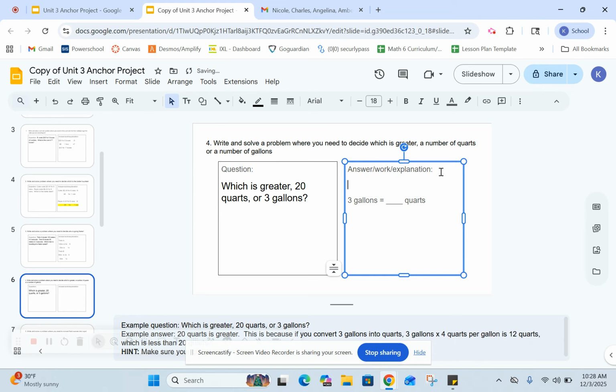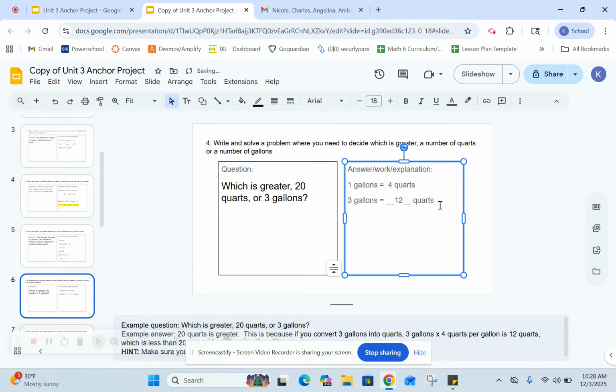So we need to think about what information we know about quarts and gallons. We know that 1 gallon is equal to 4 quarts. So that means 3 gallons would be equal to what? If you take 1 gallon, multiply it by 3, you would get 12 quarts.